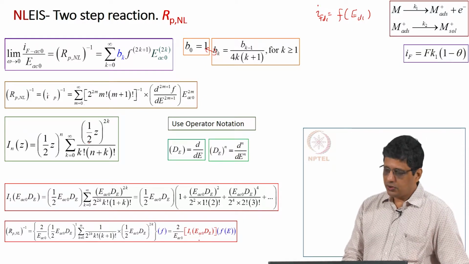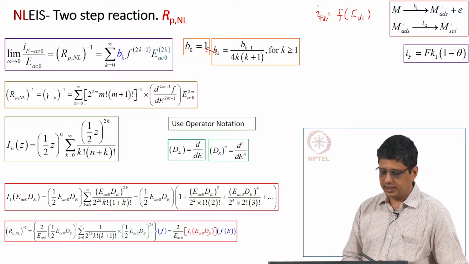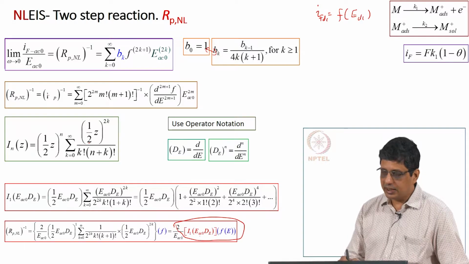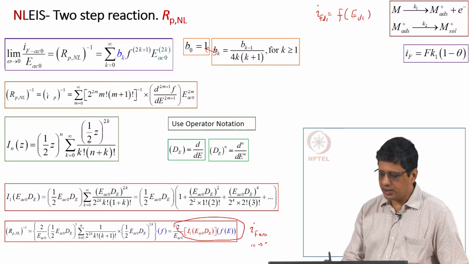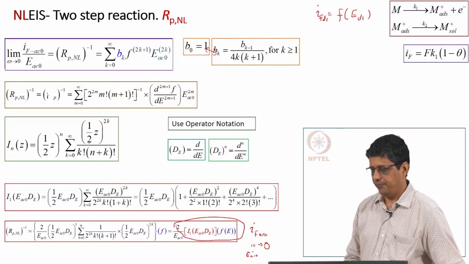If I use this compact notation, this will tell me the nonlinear polarization resistance. So, this part tells the low frequency limit current. So, this tells me IF AC 0 when omega tends to 0, and EAC 0 is arbitrary.